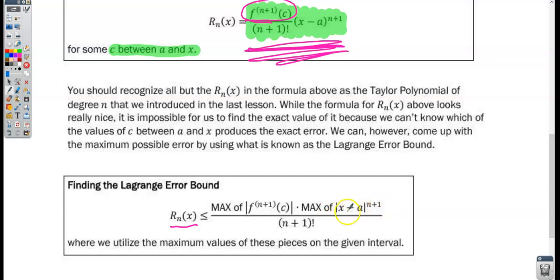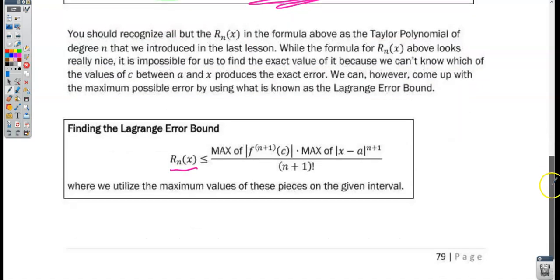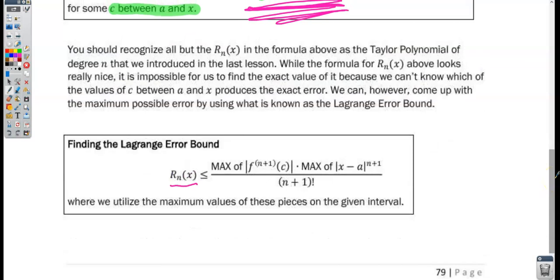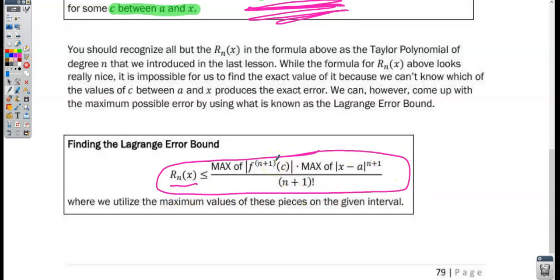Usually we're talking about the distance from x to the center of the series, so we're going to have some maximum value on a given interval. And we're going to divide all that by n plus 1 factorial. If we can find all of these pieces, we now have a boundary for the maximum possible error that could occur. That is our Lagrange error bound. This formula right here is going to be super duper important for you.